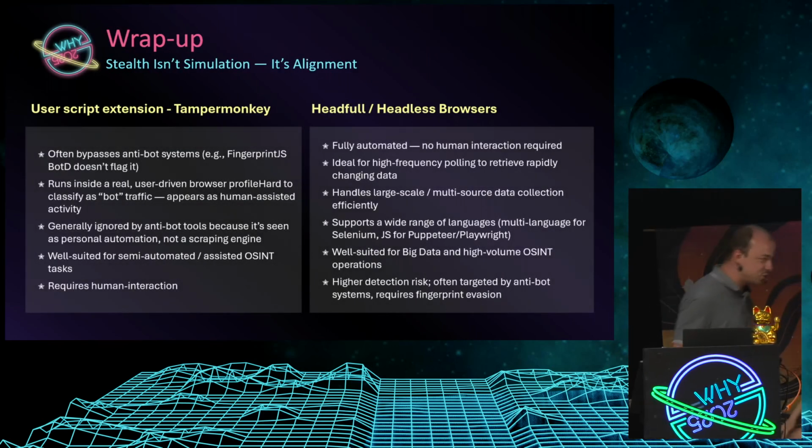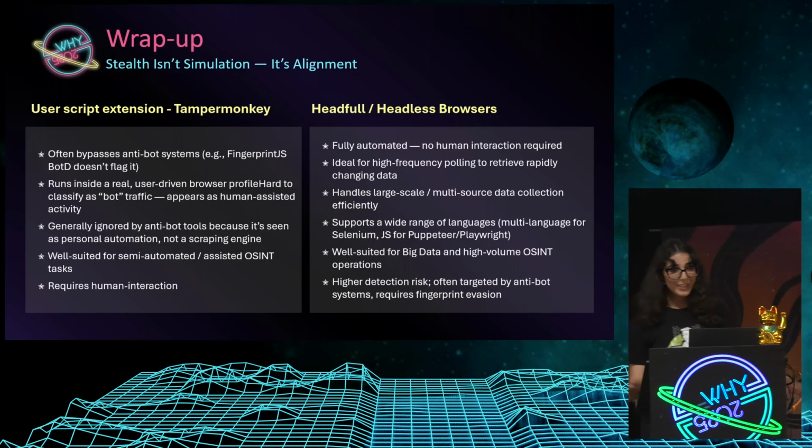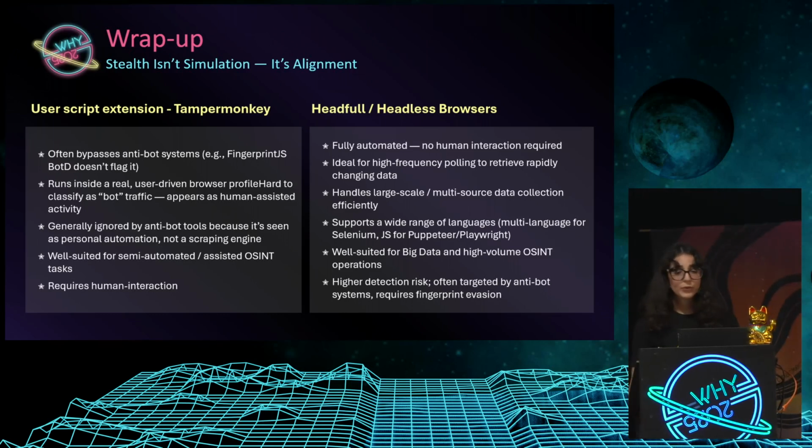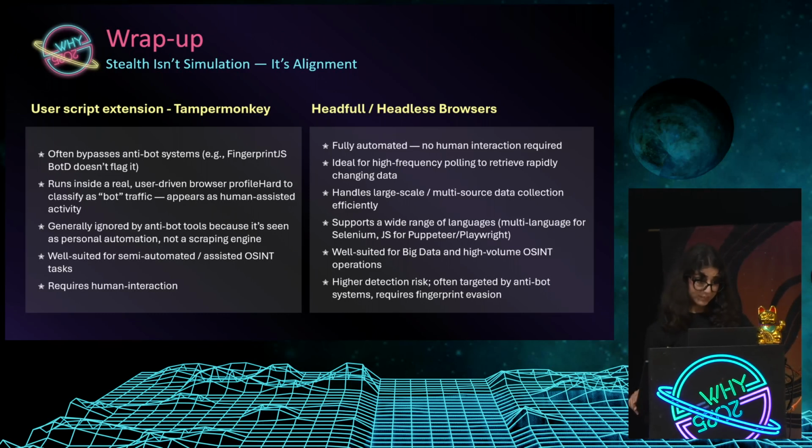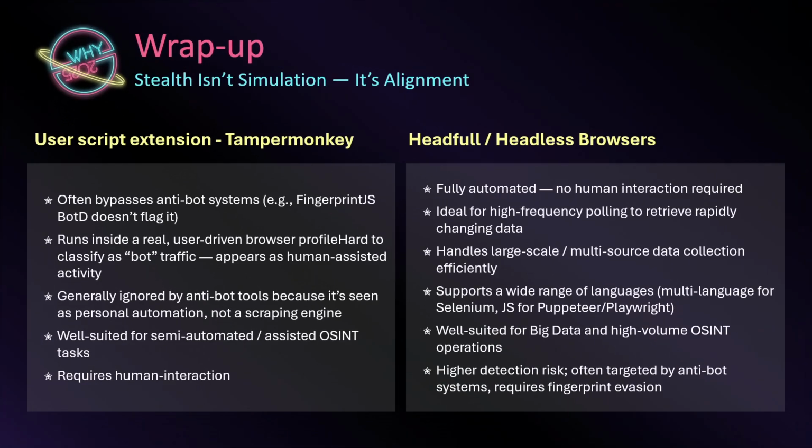So, I let Suhina explain. Okay, so we're just going to break it down for you side by side so you know exactly when to use each method. For us, Tampermonkey often slips past anti-bot systems, as we said earlier, because it runs inside a real browser with a user-driven browser profile and looks like a normal human browser, so it's hard to classify as bot traffic.